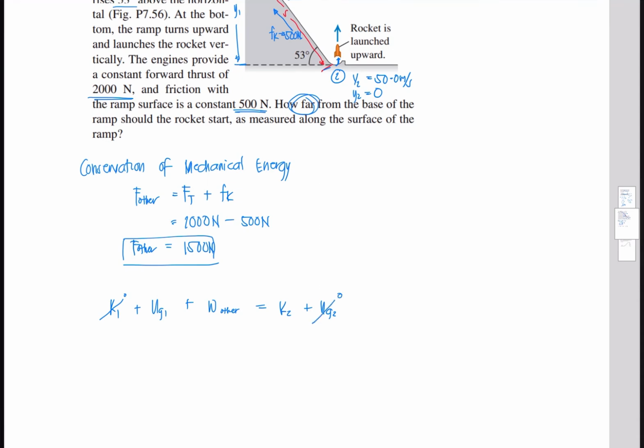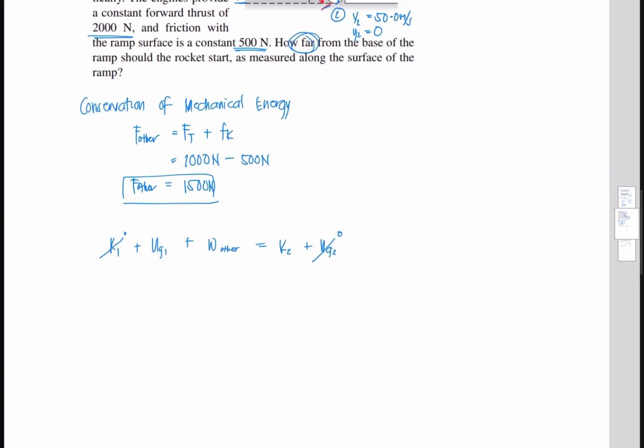We are now left with UG1, or the gravitational potential energy at point 1, plus the work done by the other forces, and then we also have the kinetic energy at point 2.